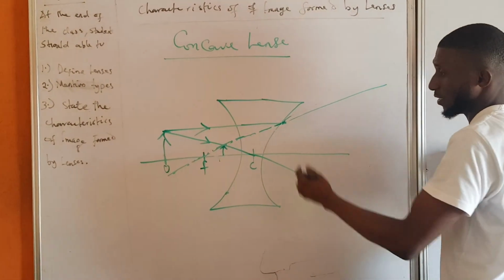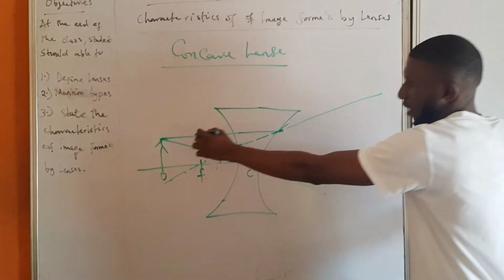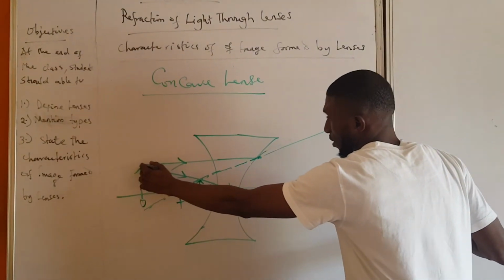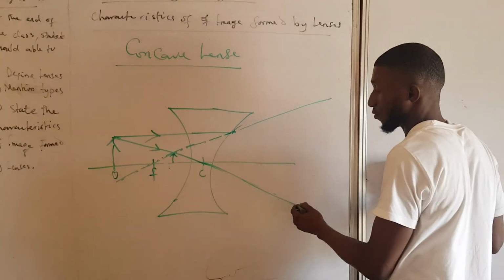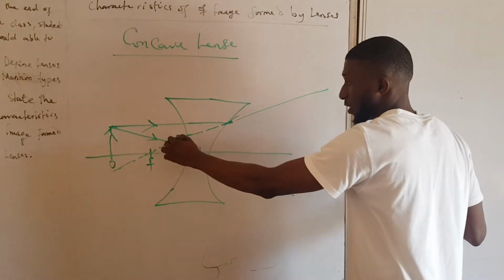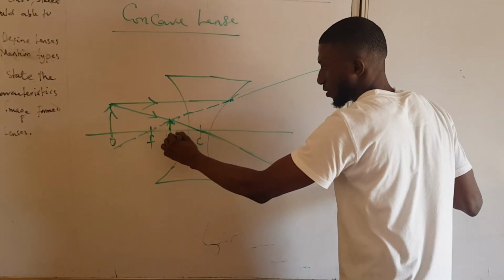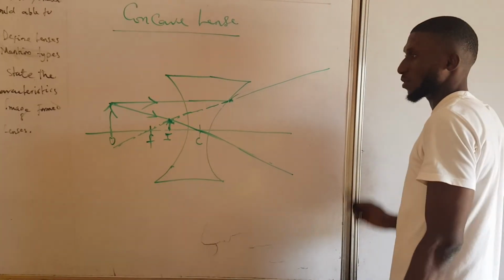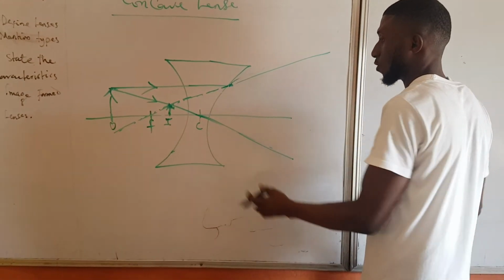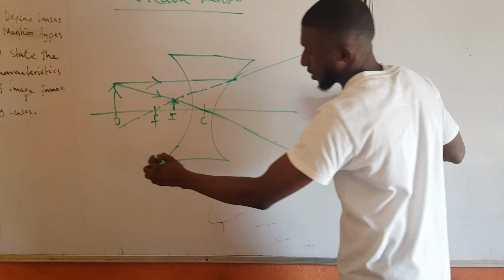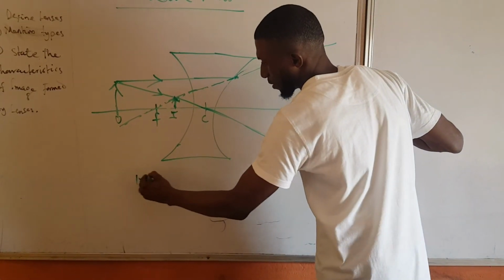Don't forget that. Then the next thing is that we always have the ray passing through the optical center from the object undeviated. Then this is where the image is formed by the concave lens, which means that the characteristics of this image is that, one, it is standing upright.